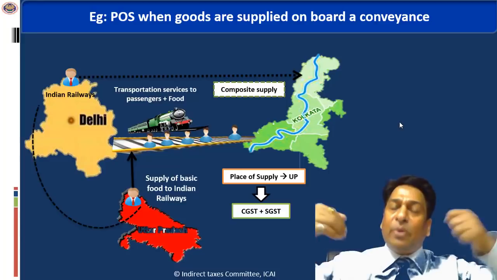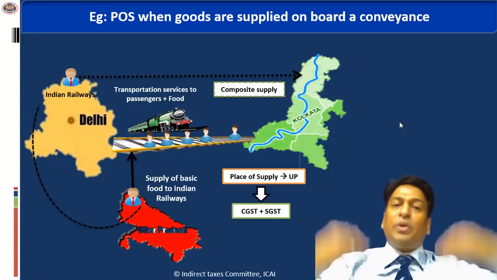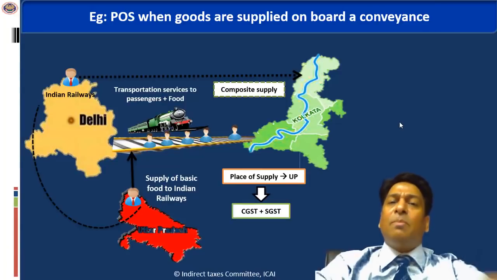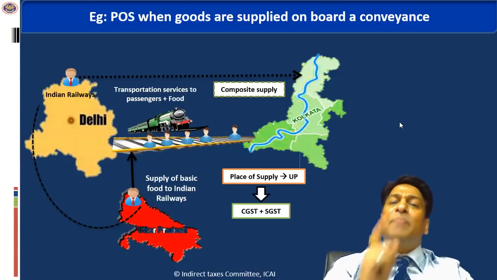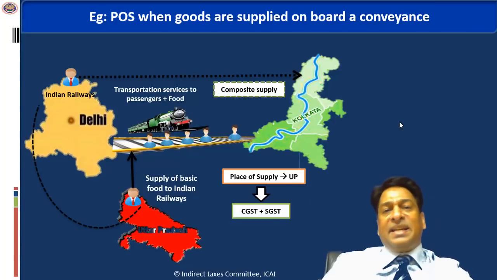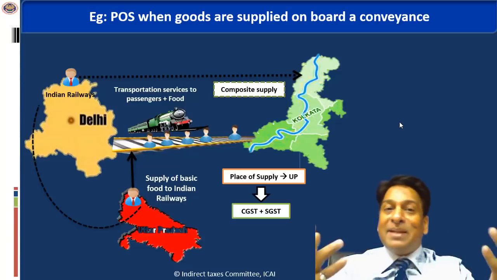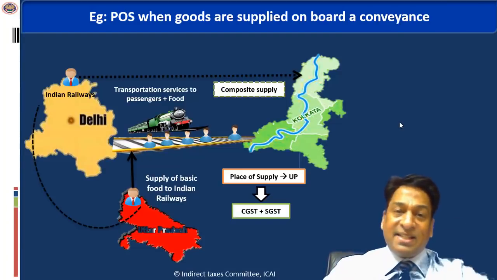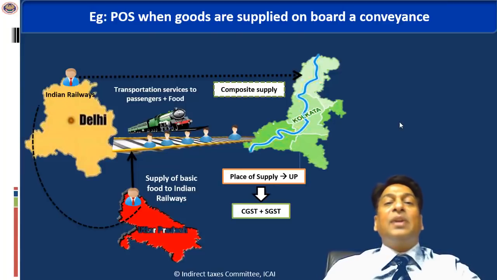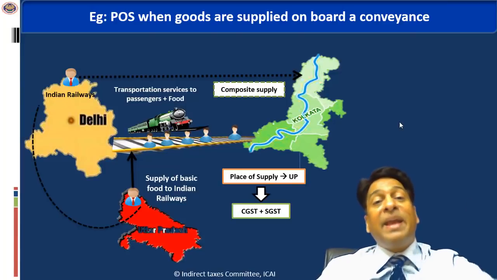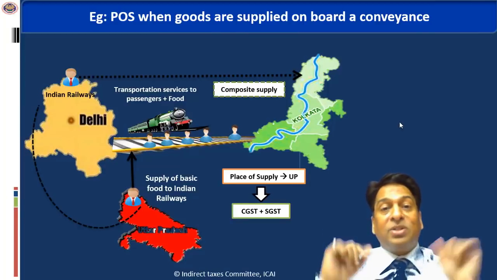That vendor located at Allahabad, registered in Allahabad, is supplying the goods on board at Allahabad. So for this vendor, the transaction would be intrastate, CGST and UPSGST applicable. They will charge CGST and UPSGST, though invoicing is being done to a customer Indian Railway at Delhi location, but IGST is not being charged.